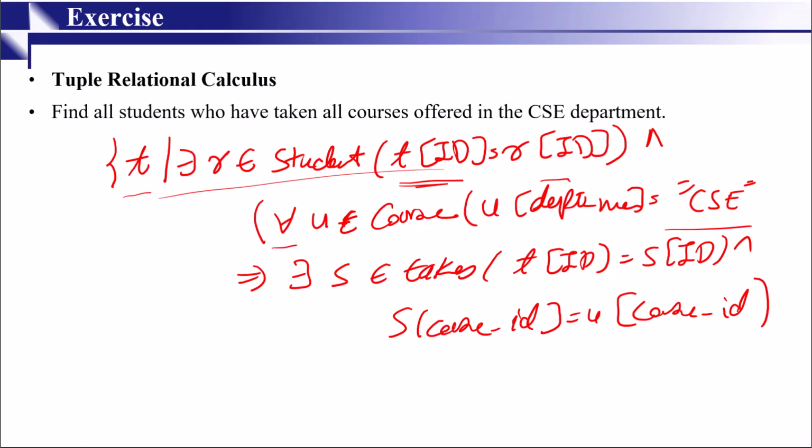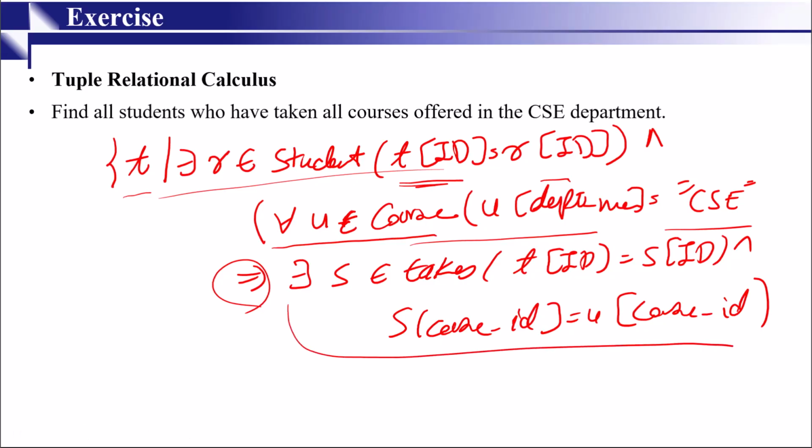Then we have for all U in course table, this query checks a condition for every CSE course. Then this implication means if U is CSE, then what happens? This condition after the implication must hold for every CSE course.